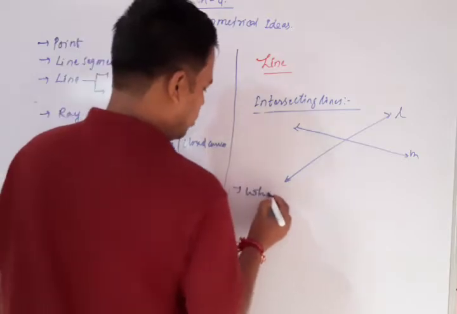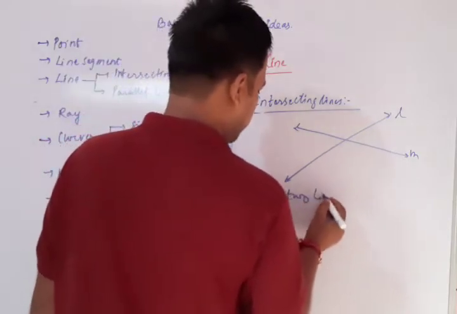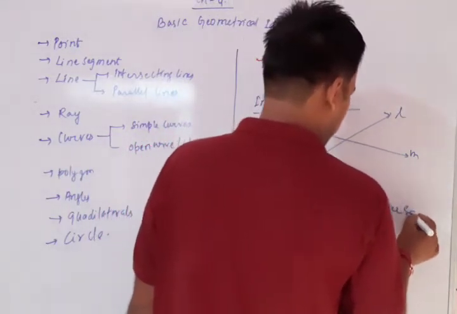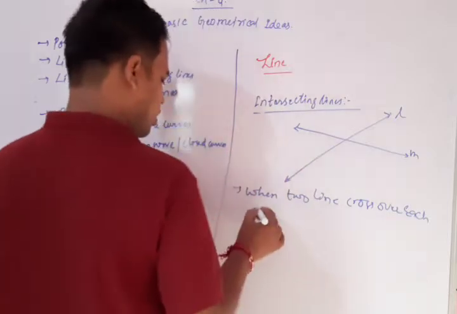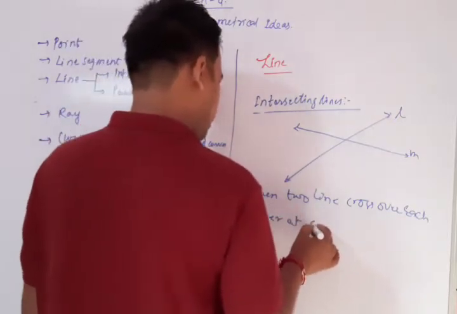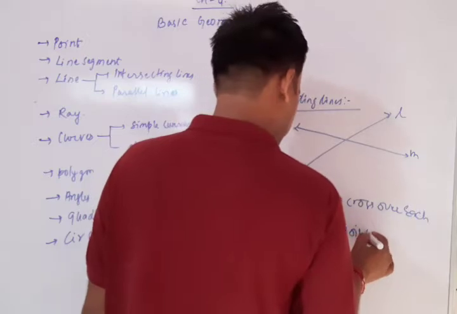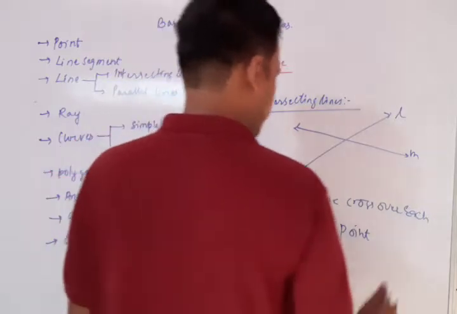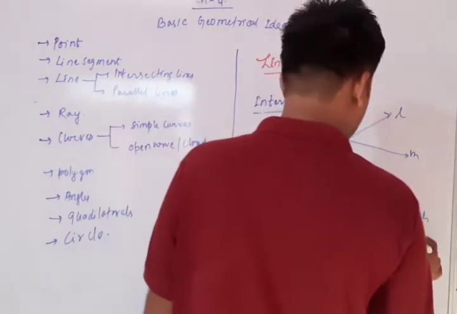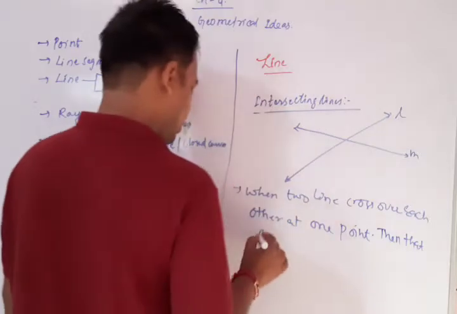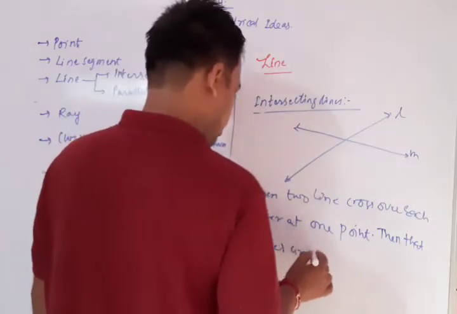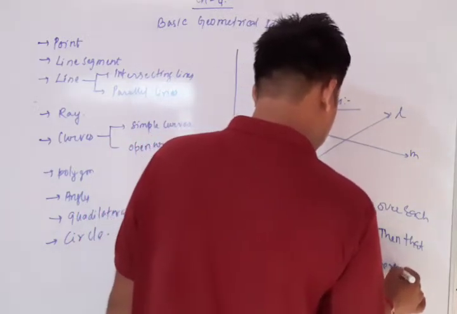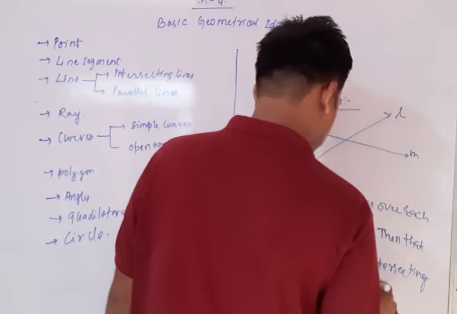When two lines cross over each other at one point, then those lines are known as intersecting lines.